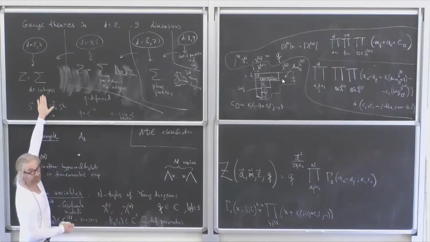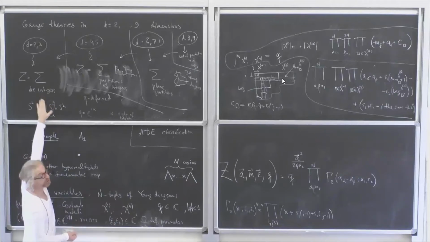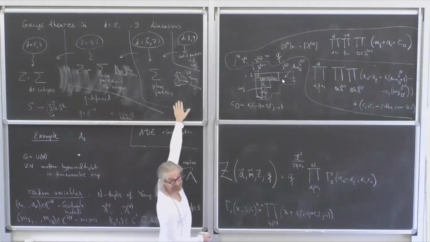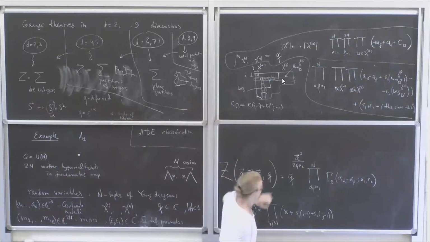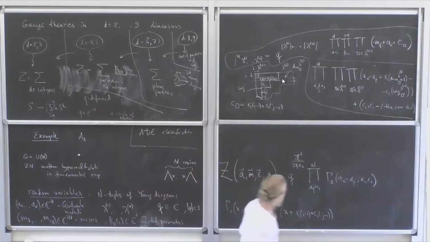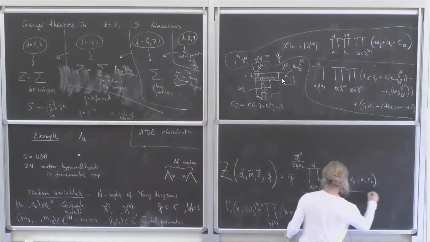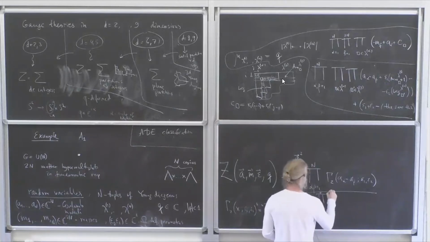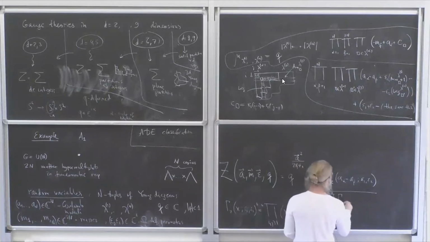So gamma functions, these are ordinary gamma functions. Here you have double gamma functions. Here you have triple gamma functions, and there you have quadruple gamma functions. And then there is gamma 2.